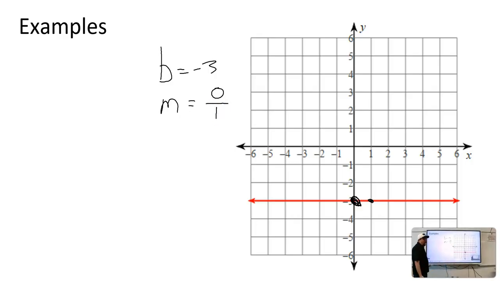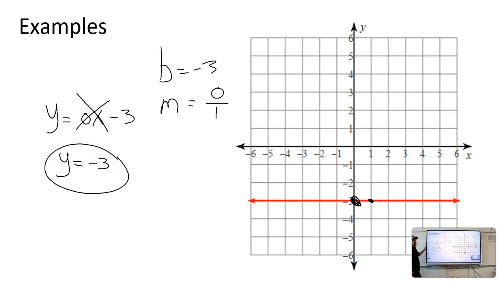So it's 0 over 1, and 0 divided by 1 is just 0. So I can write y equals 0x minus 3. However, 0 times x is just 0, so we don't have to write that down. The way you're going to see this written is y equals -3. We do know the slope, but it's just 0, so we don't have to write down 0x.